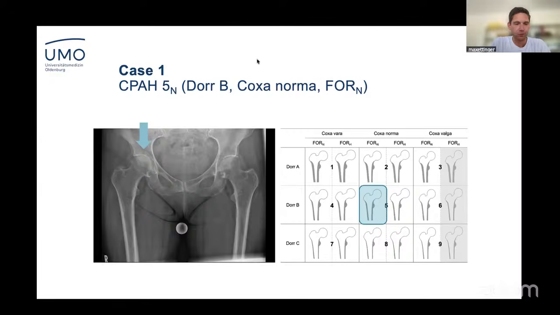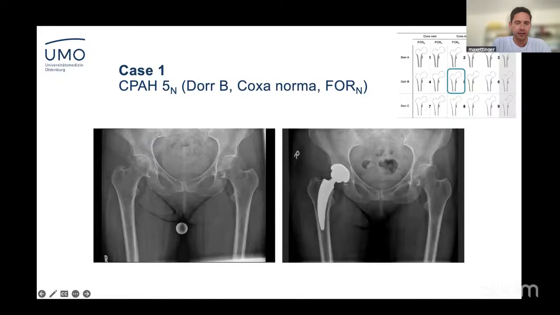It would be nice to have colleagues from India, for example, to take that CPAH classification and see how the Indian population differs from the Caucasian one. But once again, CPAH 5N is this standard hip, and that's the easiest one to reconstruct.